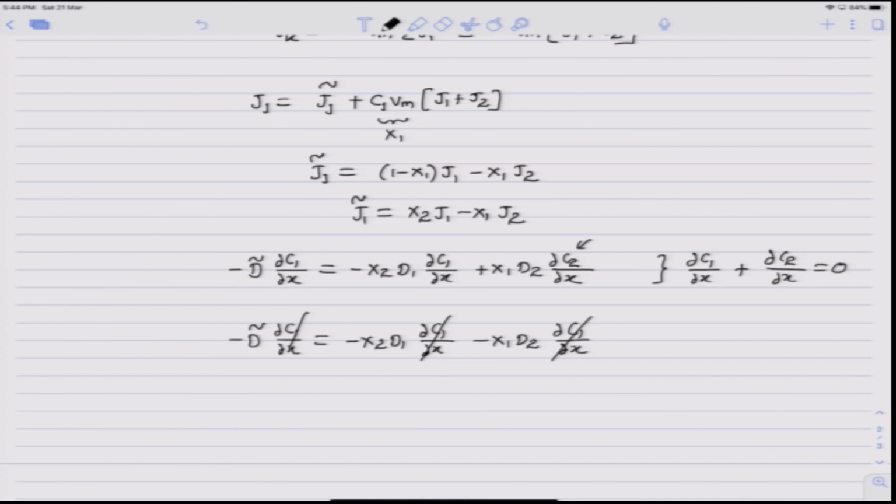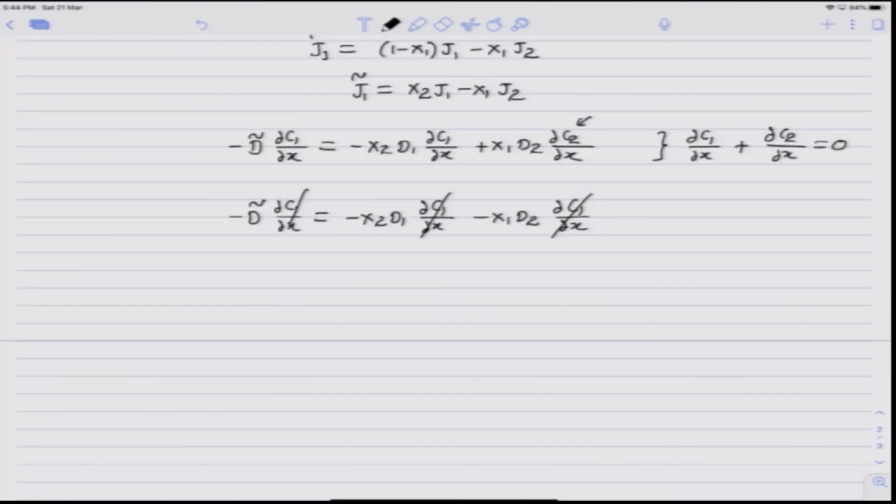Get rid of this gradient term, and we get the interrelation between interdiffusion coefficient D tilde and the intrinsic coefficients D1 and D2 as D tilde equal to x2 D1 plus x1 D2, and this is the famous Darken's equation.